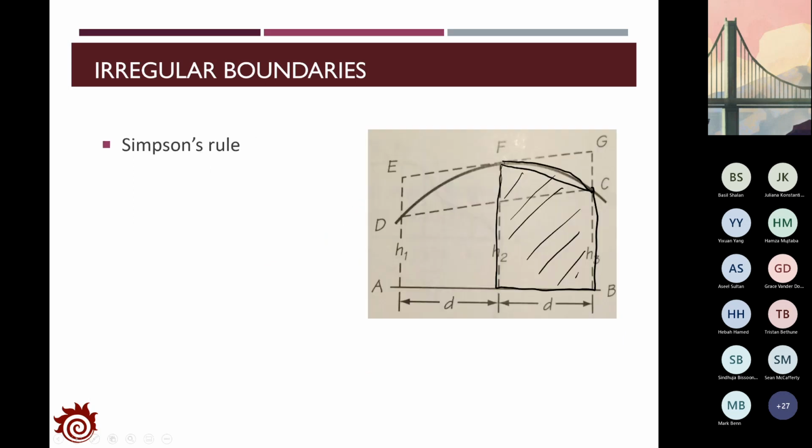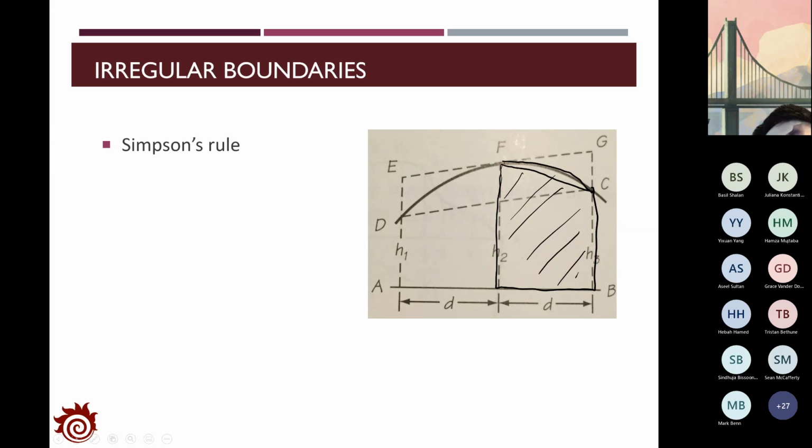We also have another method. In the trapezoidal rule, we only use the straight line to represent the curve. But in reality, the straight line cannot show the actual curve and will omit some part of the irregular curves.